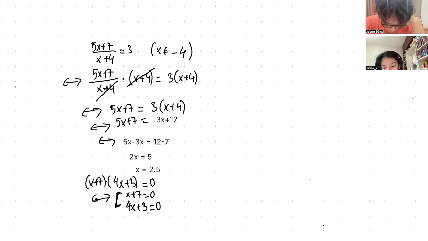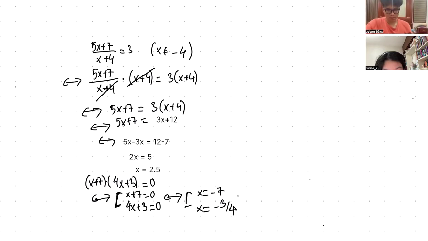Okay, after that everything is very simple, right? So our solution set consists of two numbers, -7 and -3/4.